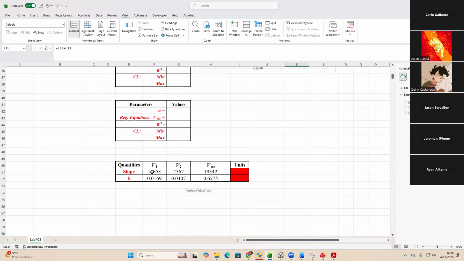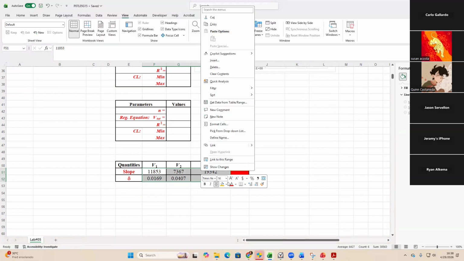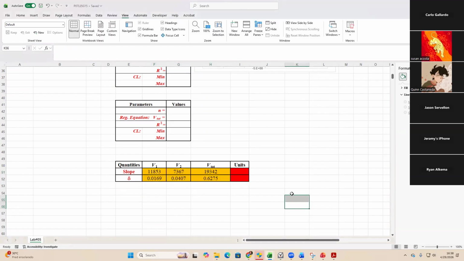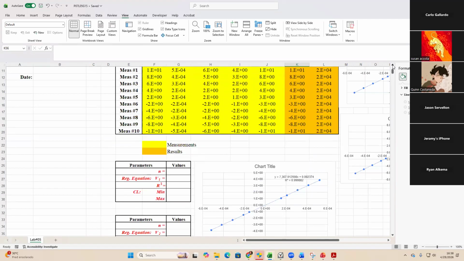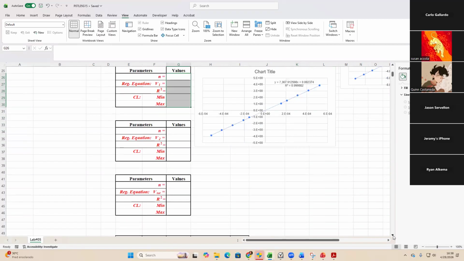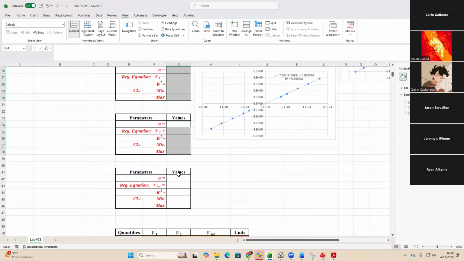Okay, all of that are results. And all of that too, right? They're all results as well. Some of them are numeric results, some of them are equation results. There you go.